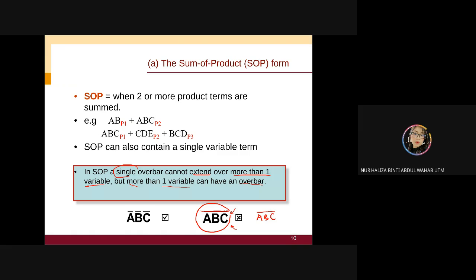You need to simplify using a single bar on one variable, the short bar that we learned in our theorem yesterday. So this is for SOP. That's why you need to learn and apply your De Morgan theorem.